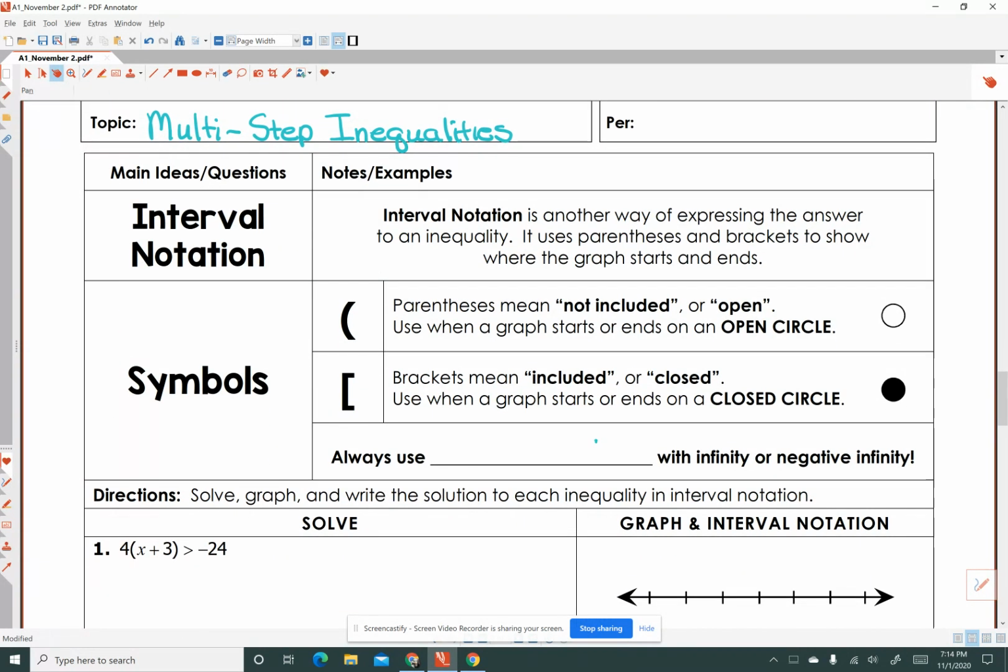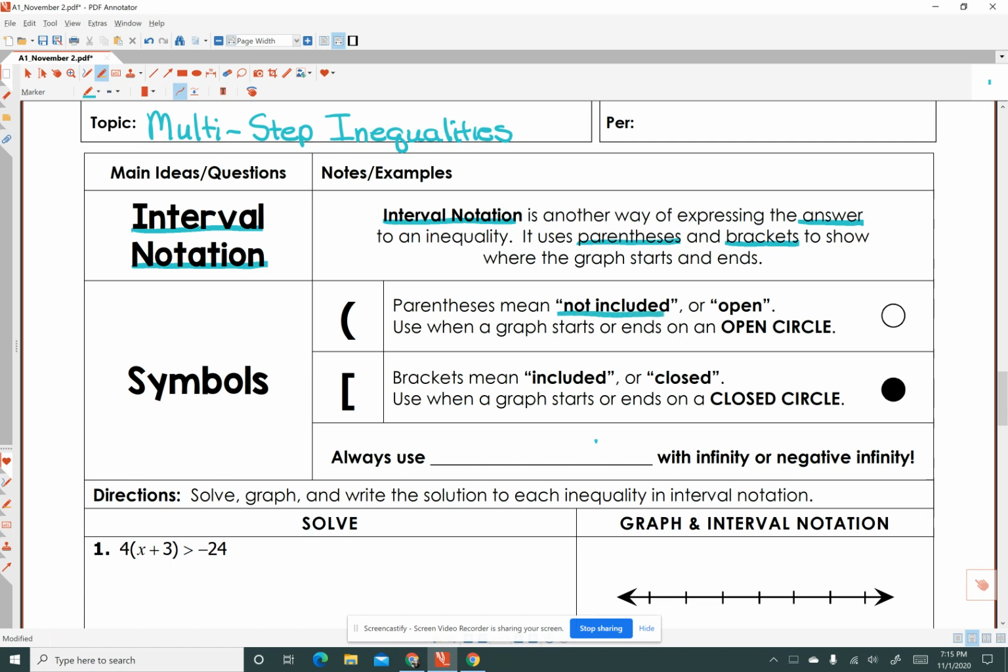Okay, as we said, today we are looking at multi-step inequalities, and we're going to talk about something called interval notation. So interval notation is another way of expressing the answer to an inequality. It uses parentheses and brackets to show where a graph starts and ends.